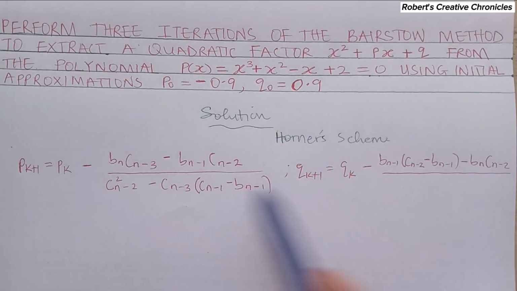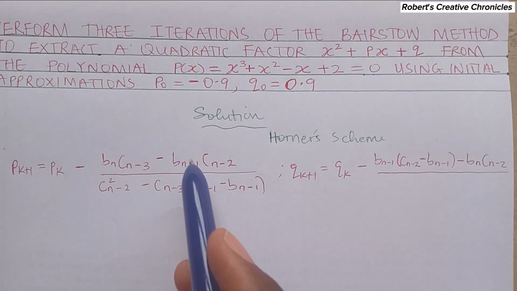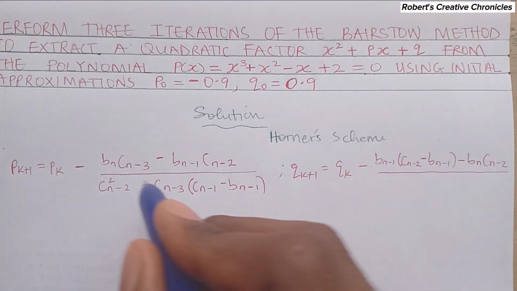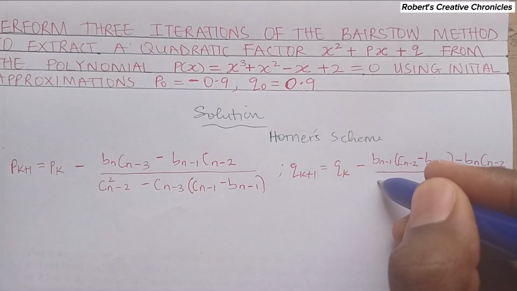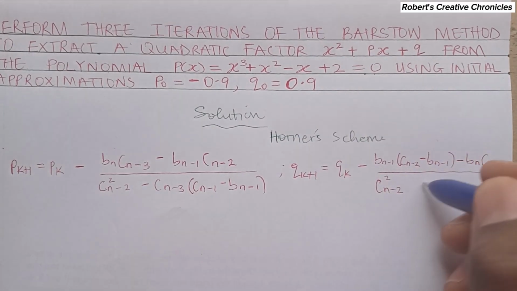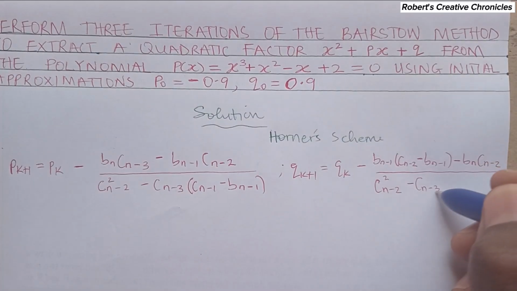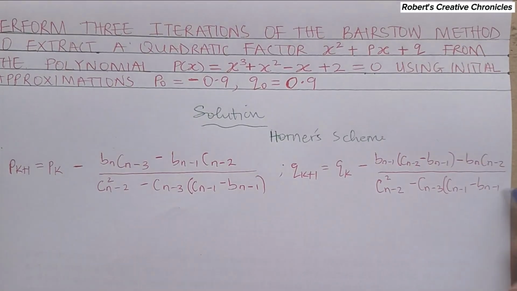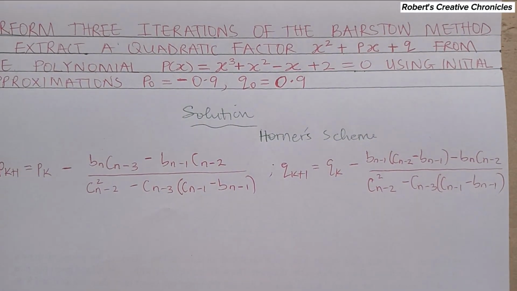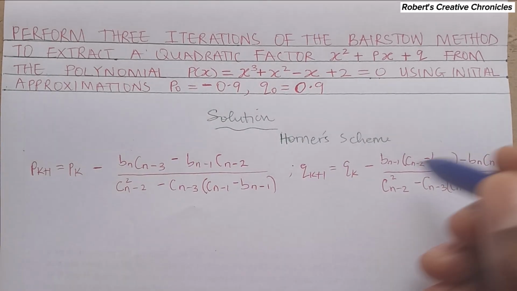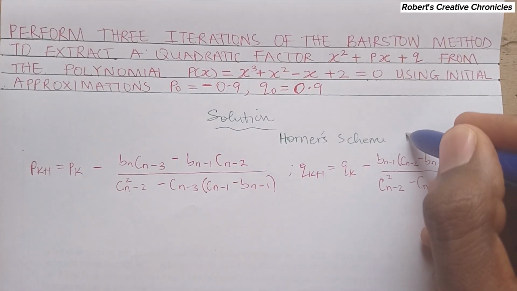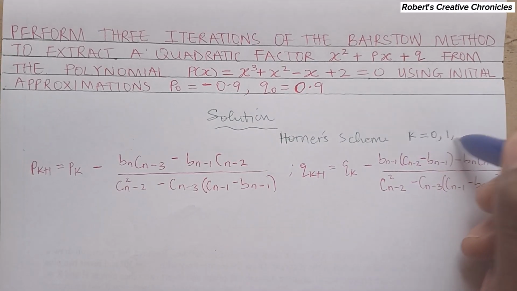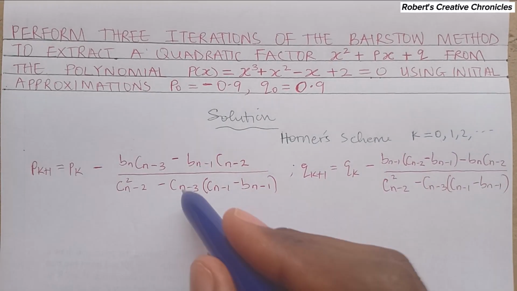So they are both sharing the same denominator. You only have to memorize the numerators, and if you memorize one denominator, that's all for both of them. Square minus c_{n-3}, c_{n-1} minus b_{n-1}. That's all. Whereby k is equals to 0, 1, 2 to infinity for both of them.